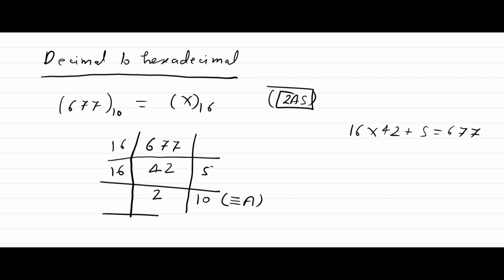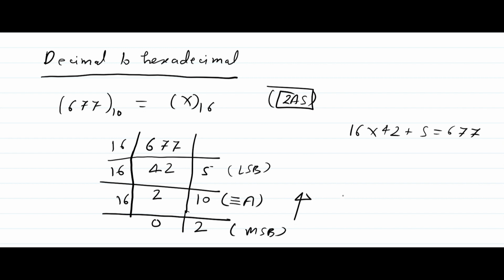Now again I divide this 2 by 16. So the quotient will be 0 and the remainder will be 2. Here we know this one is the MSB and this one is the LSB, so we move like this, correct?